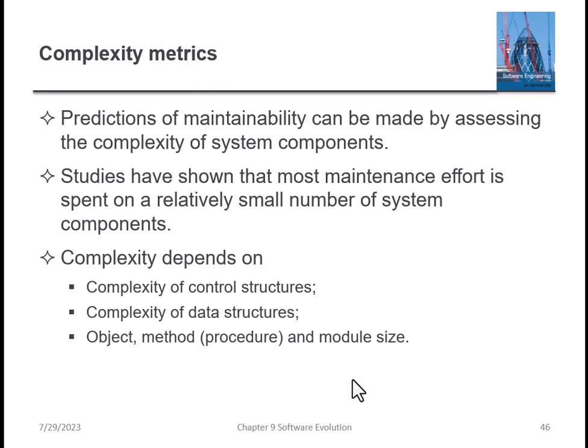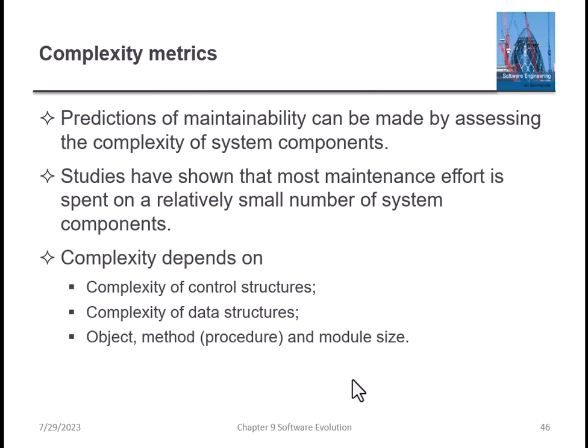Studies have shown that most maintenance effort is spent on a relatively small number of system components.